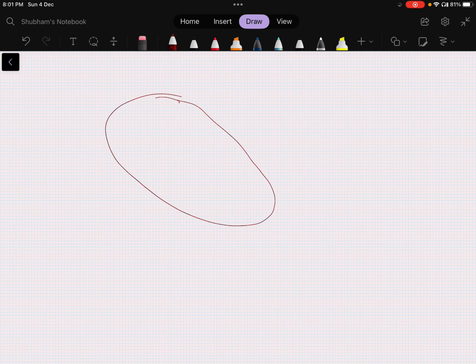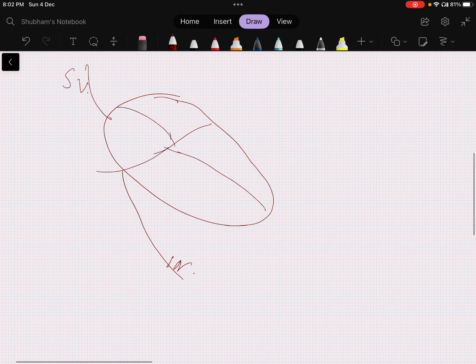Just like this, ventricle, right? We will collect from here and from here. This is inferior vena cava, superior vena cava, right atrium, then right ventricle, from here to lungs, right?